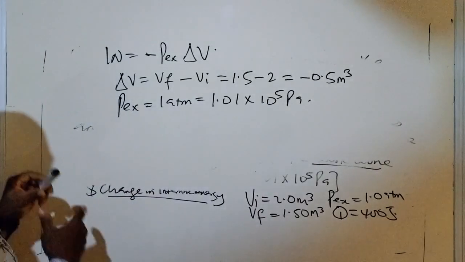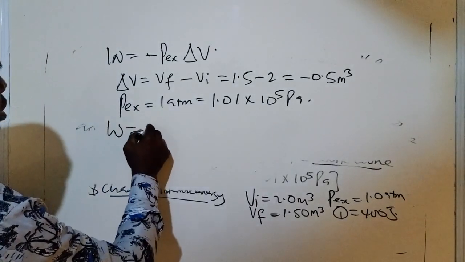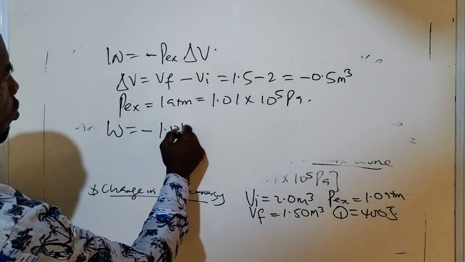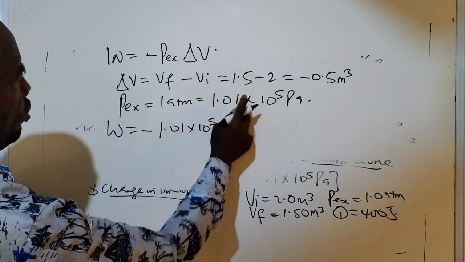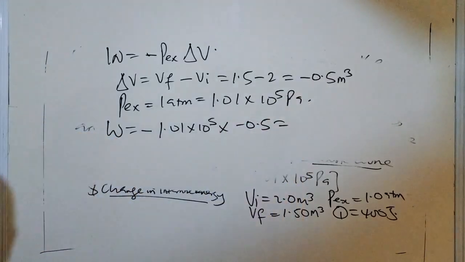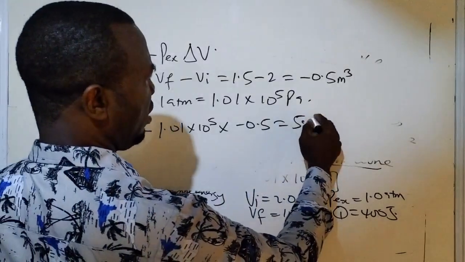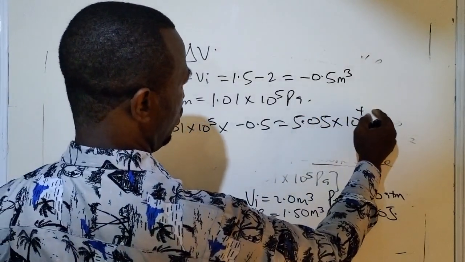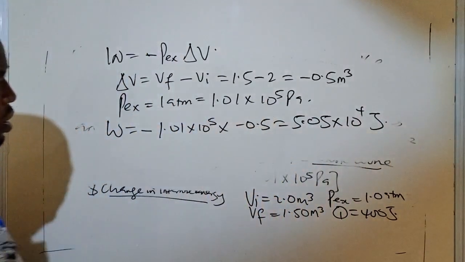The work done is equal to negative 1.0 times 10 to the power 5 pascals, that's the pressure, times negative 0.5, which is the change in volume. When we solve this, our final answer becomes 5.05 times 10 to the power 4 joules, because the work done is now in joules.